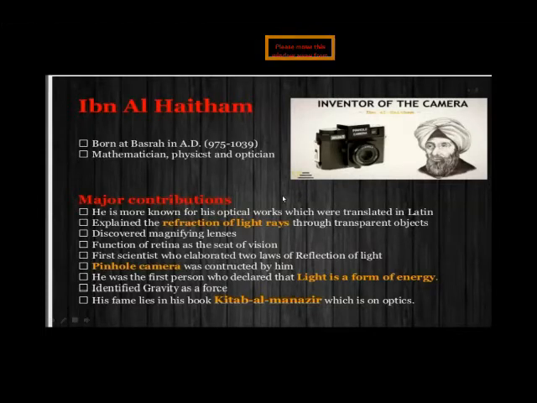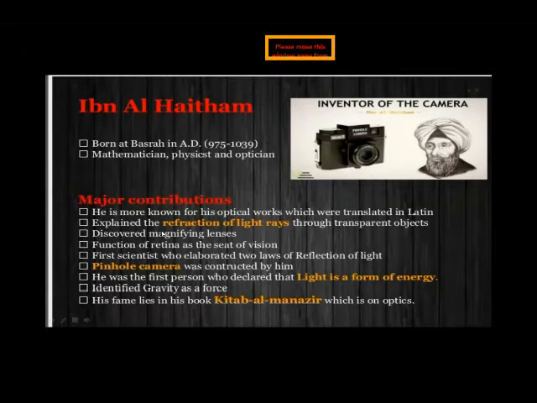Earlier, no one could understand how light travels, how it spreads out, how it is scattered, and how the image is formed. So Ibn al-Haytham explained the refraction of light rays through transparent objects. When light passes through a transparent material, it can pass through it and it can be bent.